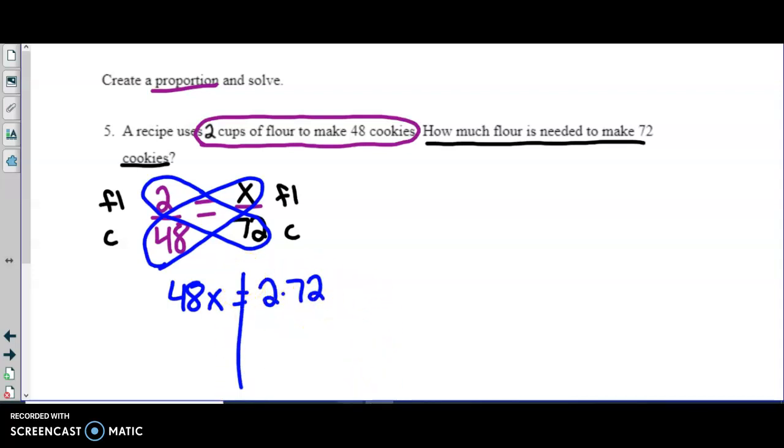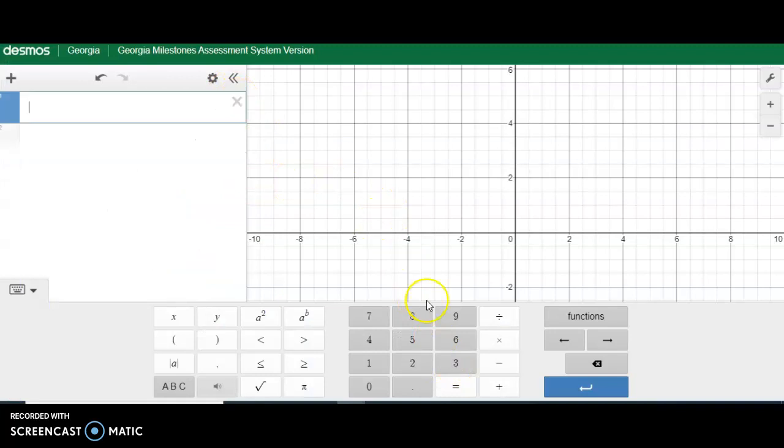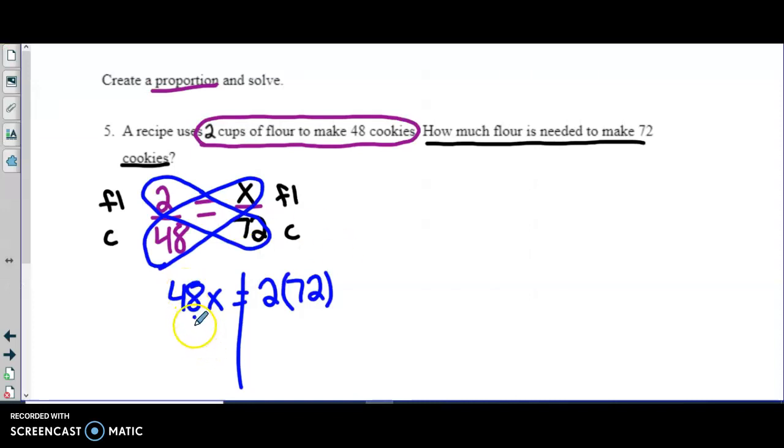And now I have this equation to solve. I don't really like dots for multiplication in this situation because it kind of looks like $2.72. So I'm going to change that to parentheses. And I'm going to go to my calculator and multiply 2 times 72. And that's 144. So I get 48x equals 144.